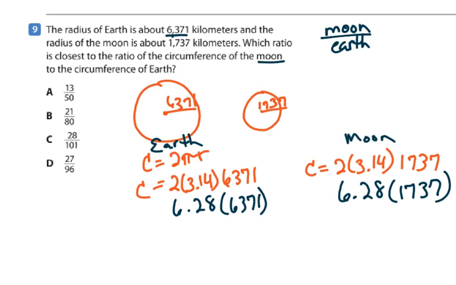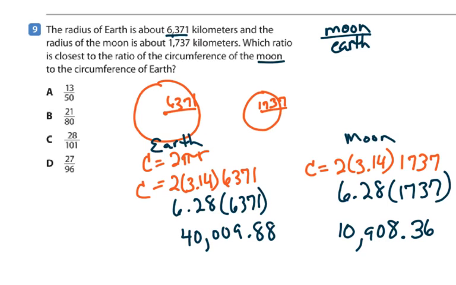So then I type it in my calculator, 6.28 times 6371. This gave me 40,009.88. Then this one times 1,737 gave me 10,908.36.